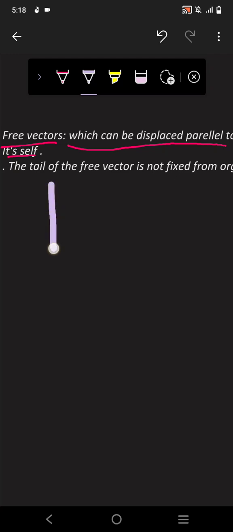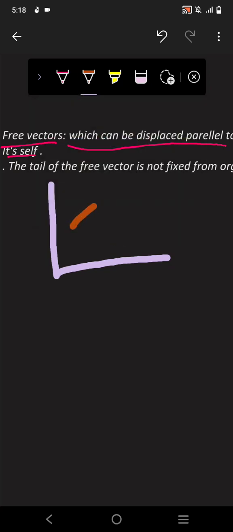For example, this is the coordinate system, right? For example, the vector is over here. You must be thinking that it's not joined to the origin, because the tail of the free vector is not fixed at the origin. This is the tail, alright, it is not fixed at the origin.